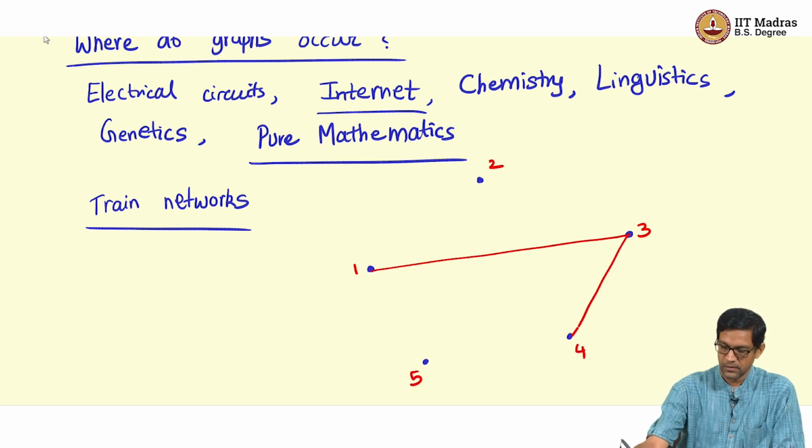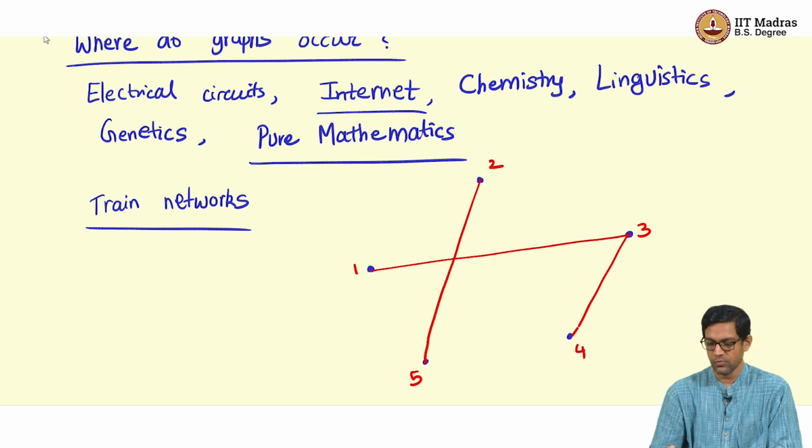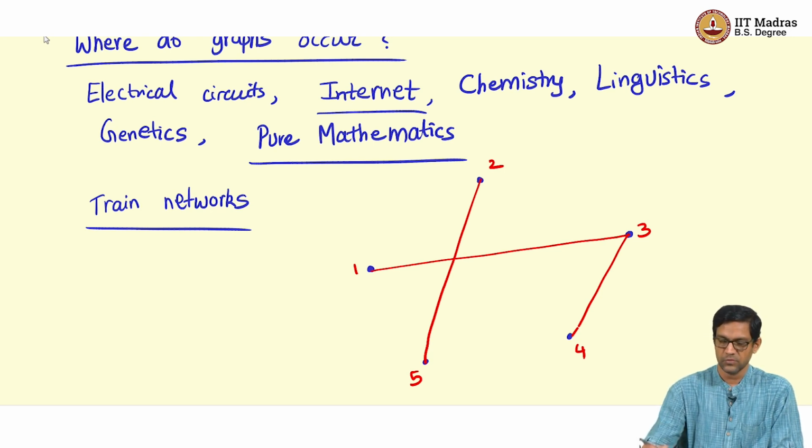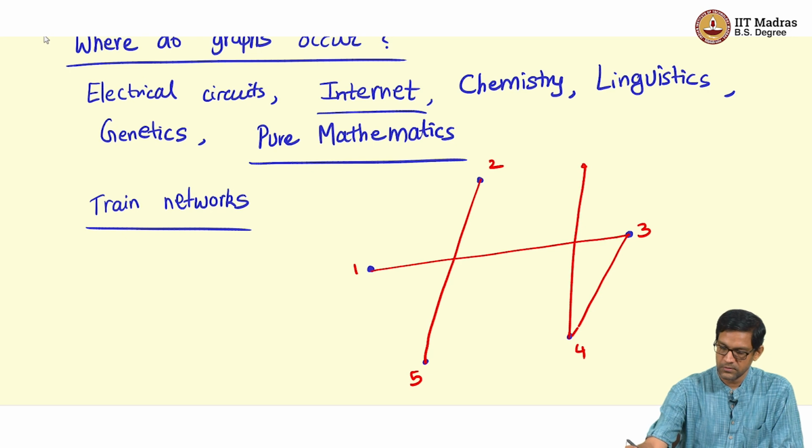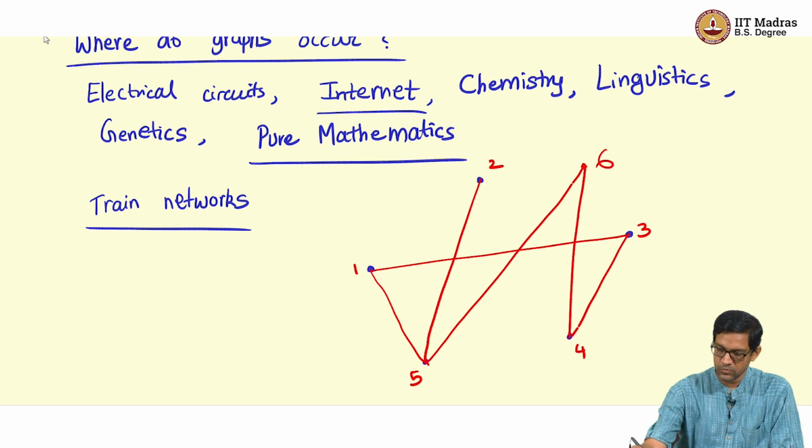And between certain pairs of vertices, maybe there are no direct trains. You have to switch trains, take a connecting train from some other places, and so on. So here's an example, and you might sometimes want to ask questions like, so let me say this is my network of trains, and I want to go from one point on my network to another point.